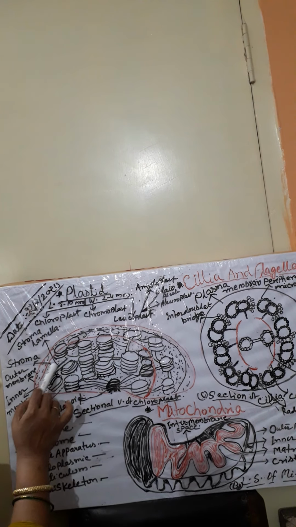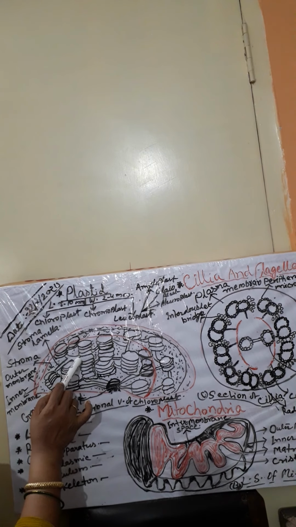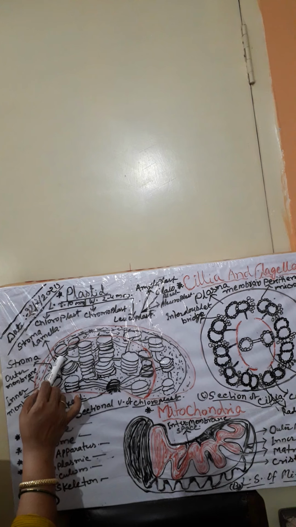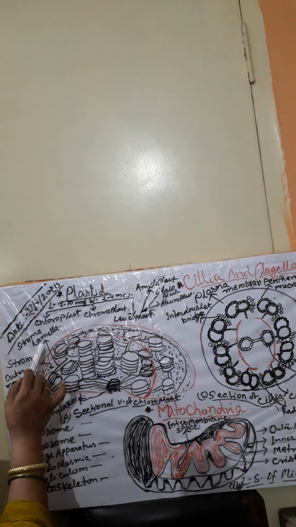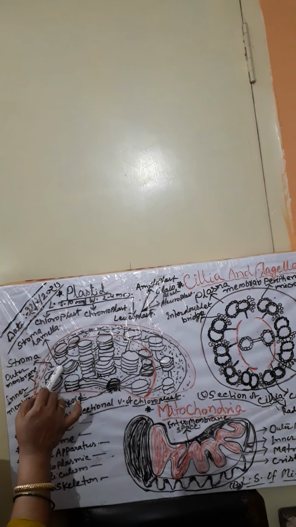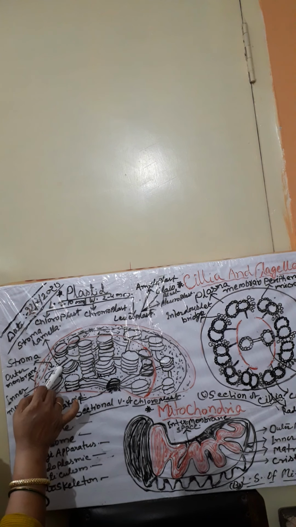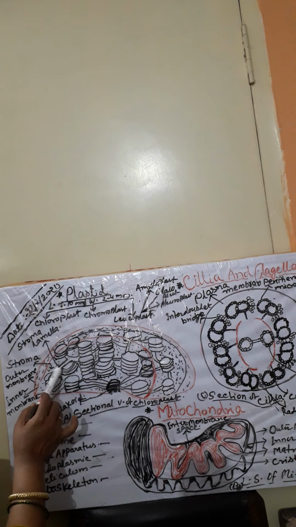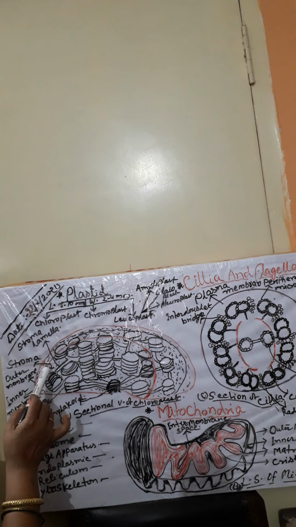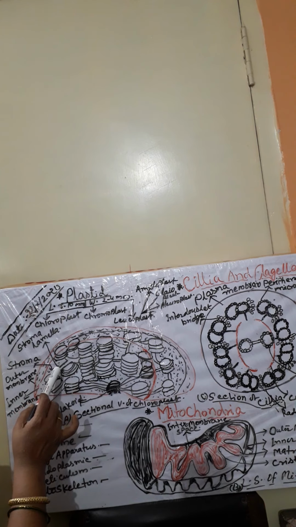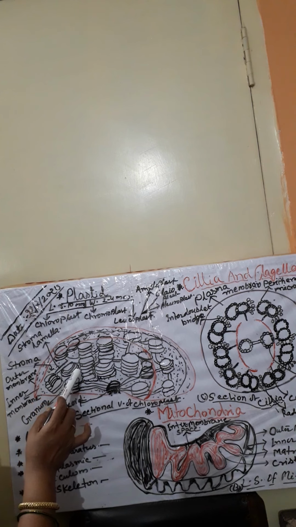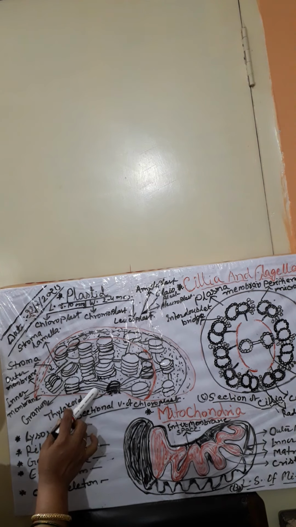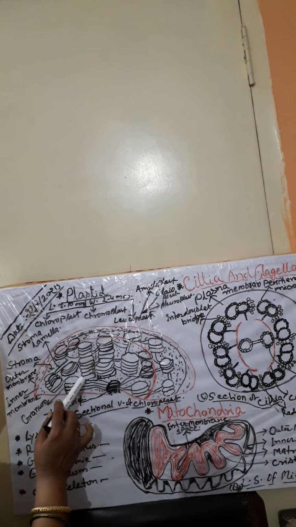These are flat tubular structures which join one granum to another, connecting the thylakoids of the different grana. The membrane of thylakoids encloses a space called the lumen.